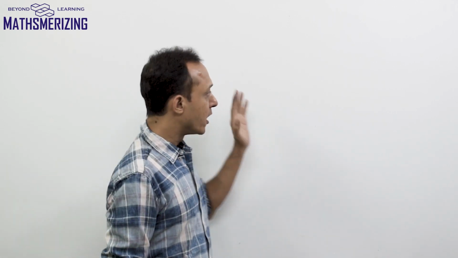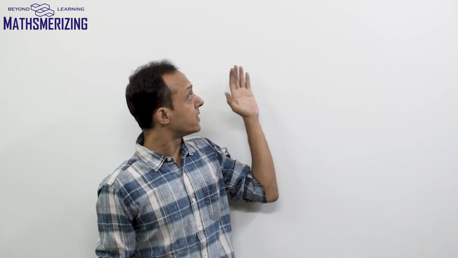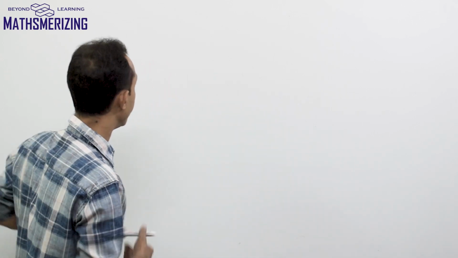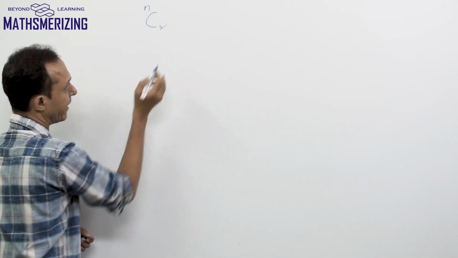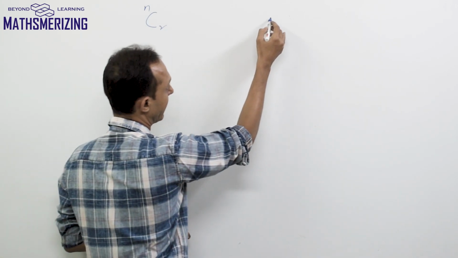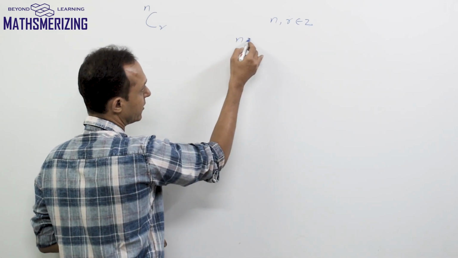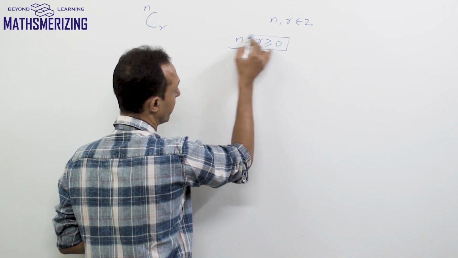So now that we have studied factorials and we want to study the binomial theorem, you have to study something called binomial coefficients. As discussed earlier, it was Indian mathematicians who expressed binomial coefficients in terms of factorial. So a binomial coefficient is generally defined as n C r, where n and r are integers and n should be greater than or equal to r, and r should be greater than or equal to 0.